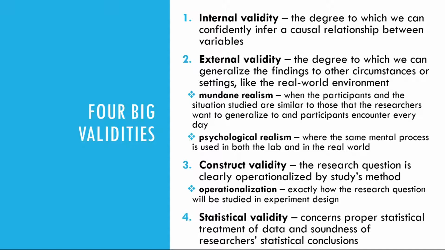Statistical validity. Statistical validity concerns the proper statistical treatment of data and the soundness of the researcher's statistical conclusions. There are many different types of inferential statistics tests, such as t-tests, ANOVA, regression, correlation. And statistical validity concerns the use of the proper type of test to analyze the data.